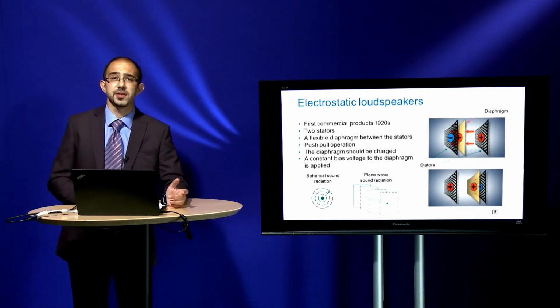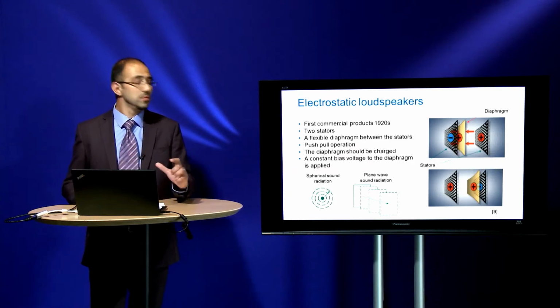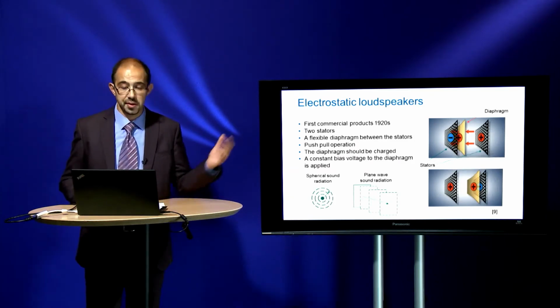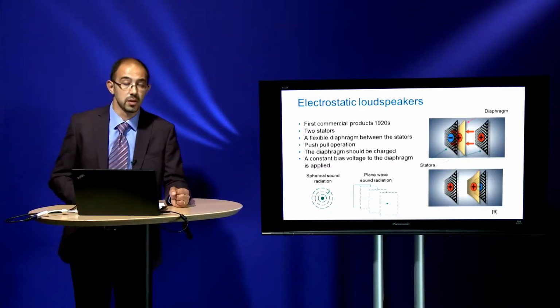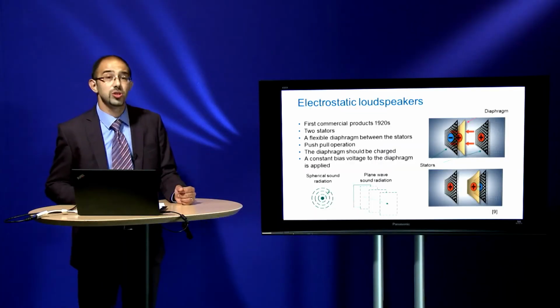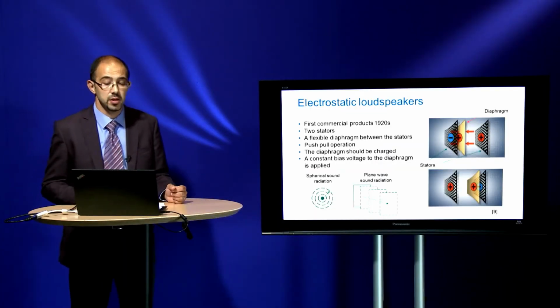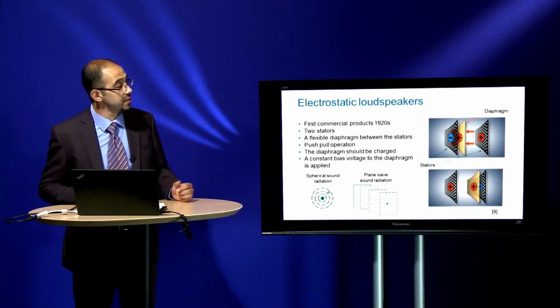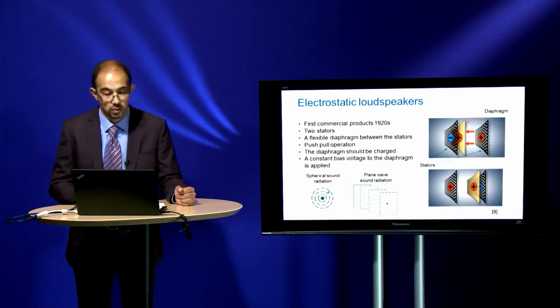As I already said, this technology is used mostly in electrostatic loudspeakers. The first commercial products are already very old, from the 1920s. In this case, we have a sandwich type construction and three basic components. As you can see in the picture, we have two stators, and in the middle of the stators, we have a diaphragm.